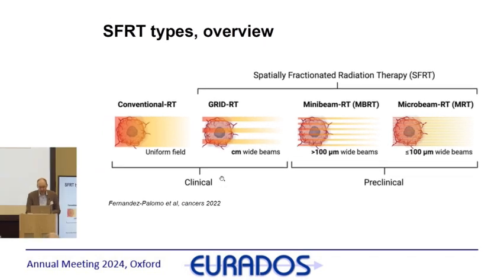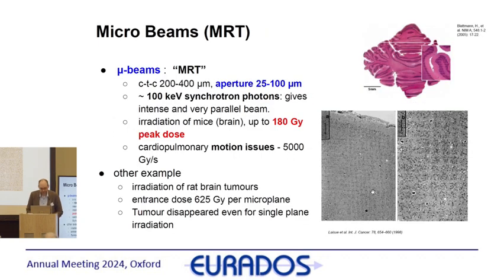And this is actually in clinical use already, albeit very rare, but it is being used in mostly palliative cases occasionally. Then we have even smaller beamlets. If you are about 1 millimeter down to 100 micrometer, you refer to this as mini beam therapy. And even smaller, like micrometer stuff, obviously we call it microbeam radiotherapy. This is not used clinically at all, but preclinical studies are ongoing.